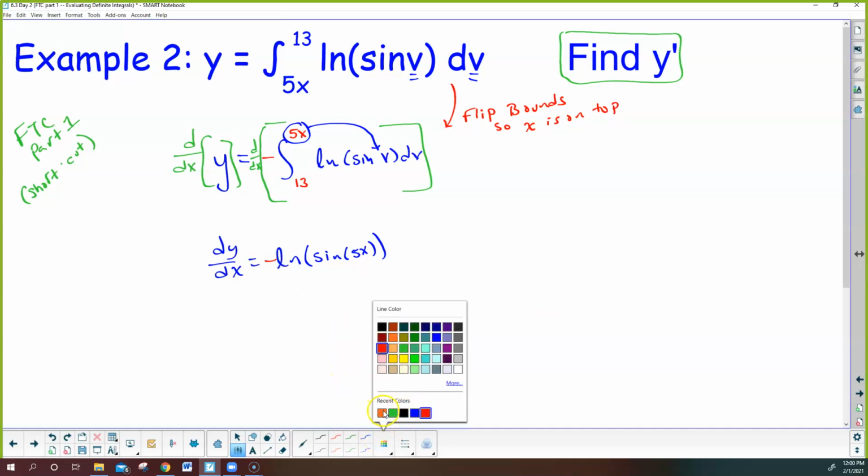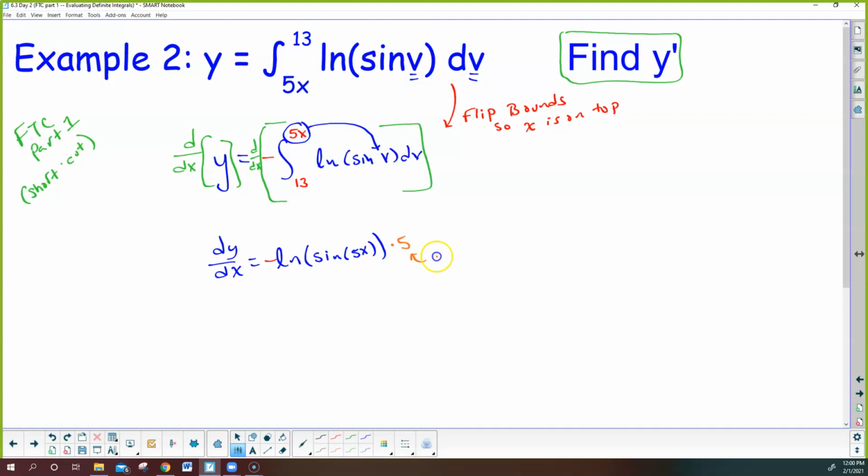But there's one other thing. Because there's a 5 here, and I just put in a new 5x into this function, if I was to take the derivative of that, remember how there's a chain rule that comes out? So we've got to multiply by the chain rule. We're going to multiply the entire function.